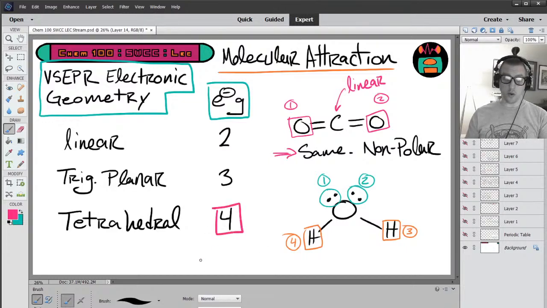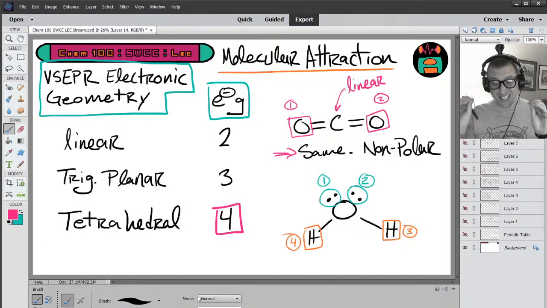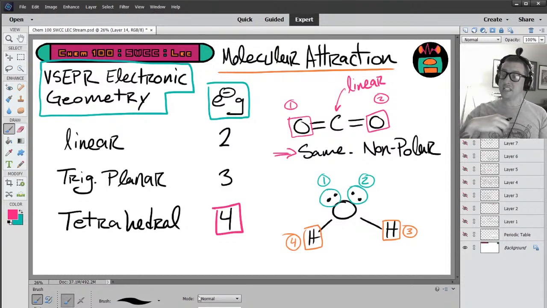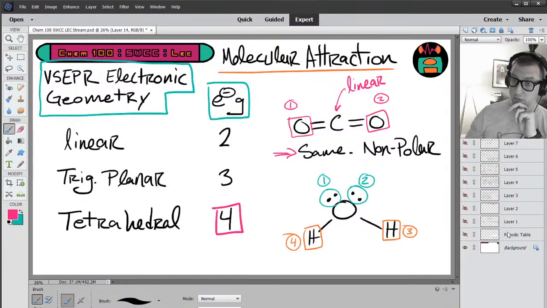The oxygen in water is tetrahedral. For a tetrahedral molecule to be nonpolar, it would have to have the same group on every one. Since it doesn't, if that oxygen had 4 hydrogens, it would be nonpolar. But because it does not have a hydrogen at each position, since they're not all the same, it's going to be polar. And that's why it's polar.